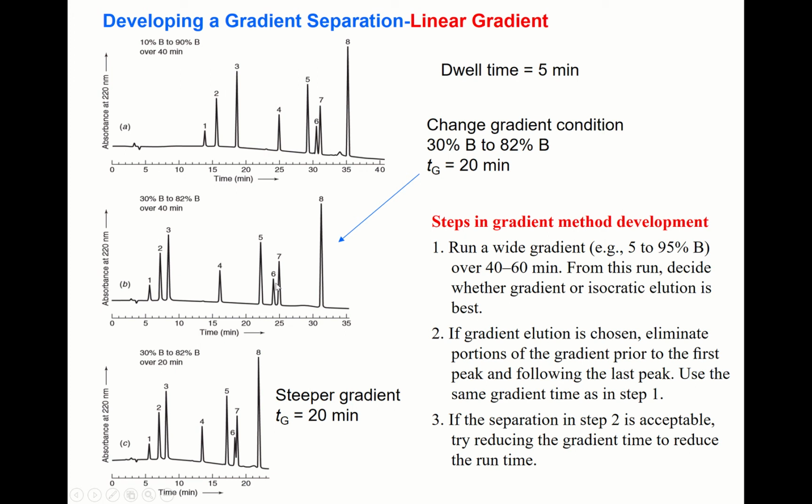But this one is better, right? So it's up to you. If you want this chromatogram, although 6 and 7 are not well separated, you can do this. But if you want all the compounds well separated, maybe the middle one is the answer.